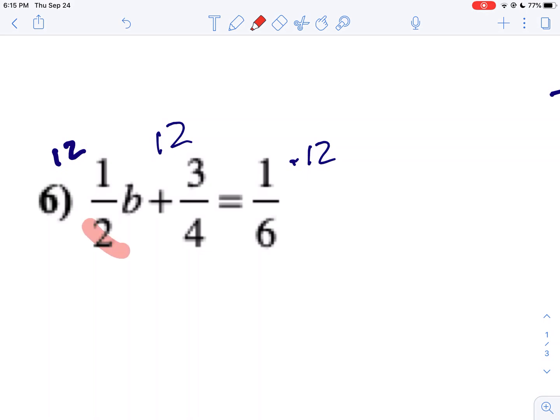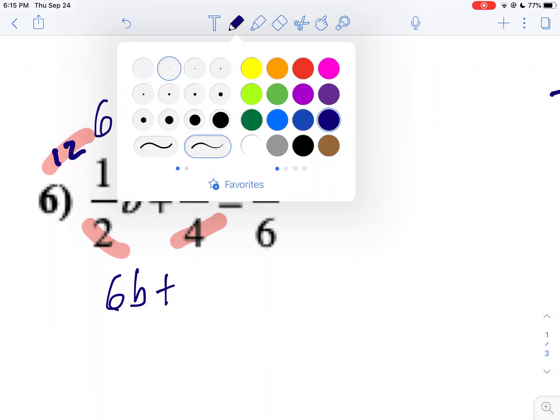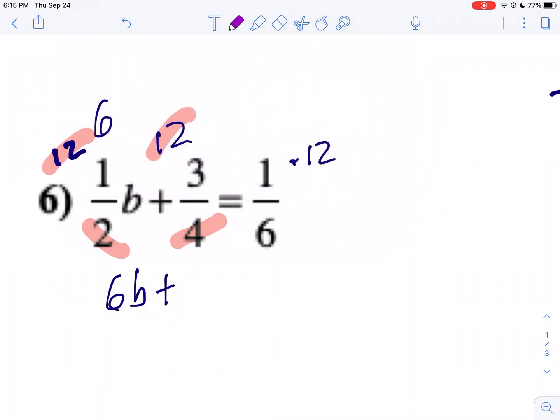So 2 goes into 12 6 times. So I take 6 times 1 times b, or 6b, plus 4 goes into 12 3 times. Let me change colors here so it's a little easier to see. So then you take 3 times the 3. I wanted to highlight that for you.